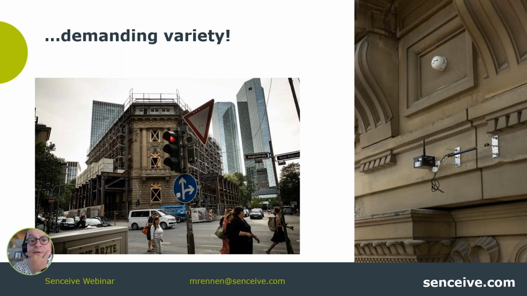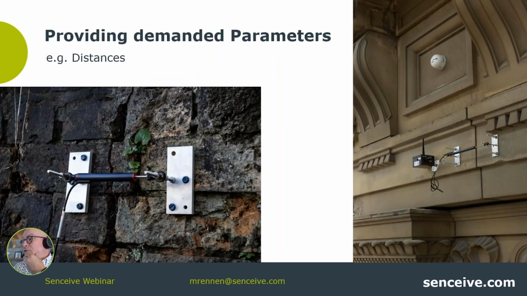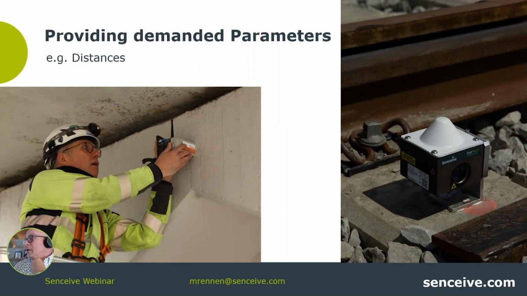This can be distances, observed by crack sensors like this one here, or of course by laser distance units here on the right side for horizontal rail displacement, or on the left side observations under a bridge in Mülheim an der Ruhr for bridge pillars.